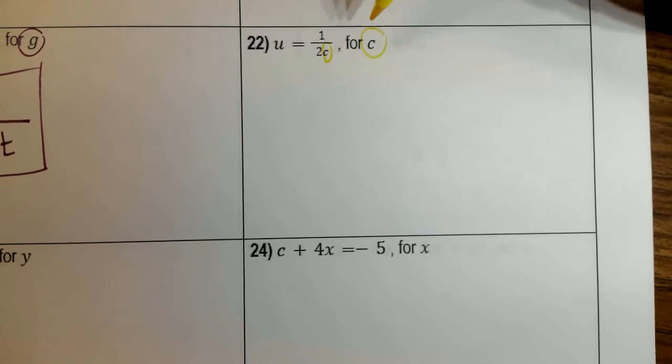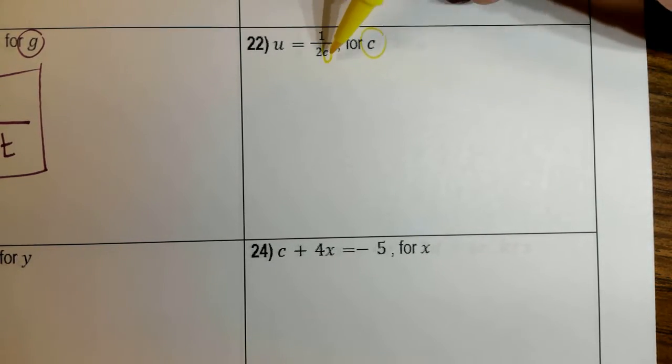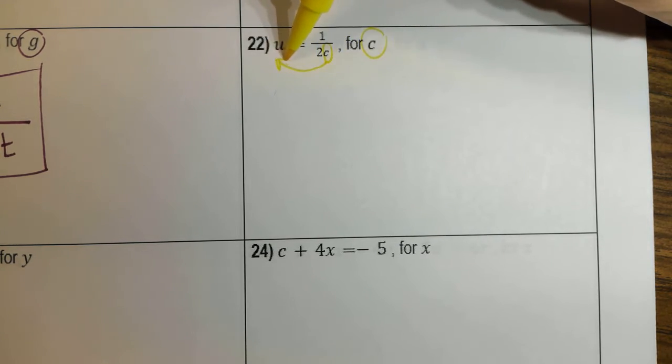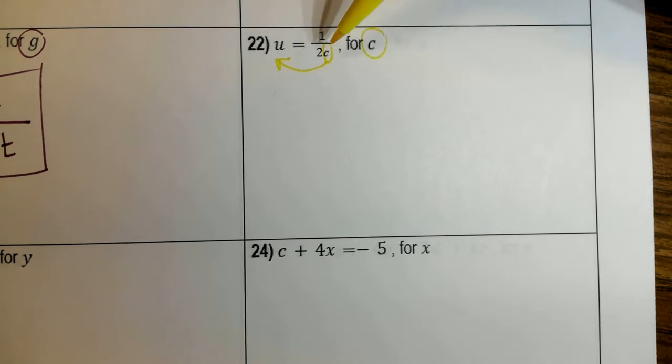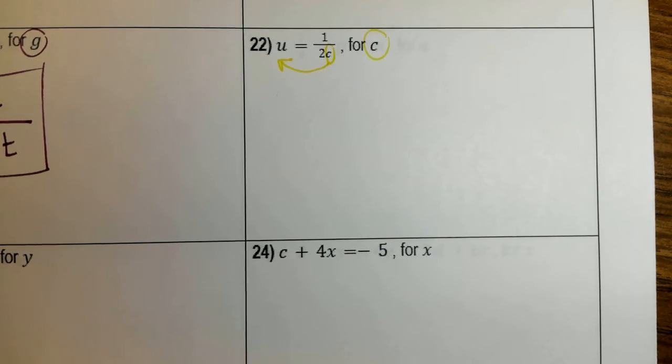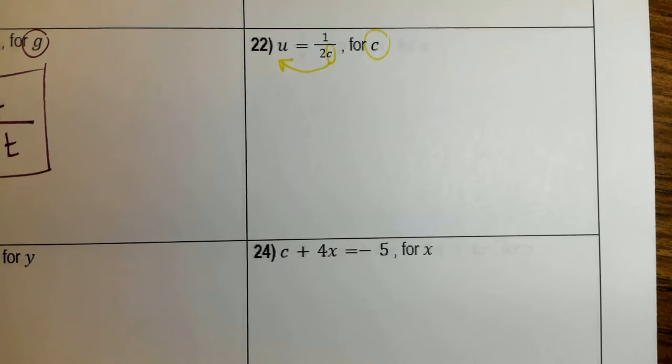All right, so I'm trying to get C. And look, C is on the bottom of my fraction. So I want to move it over here. Now, I've seen people do this. Please don't. If I only want C, I only want to move C. I don't want to move the 2. I want to leave the 2 where it is. Sorry, 2, we're not friends like that, so you got to stay here.